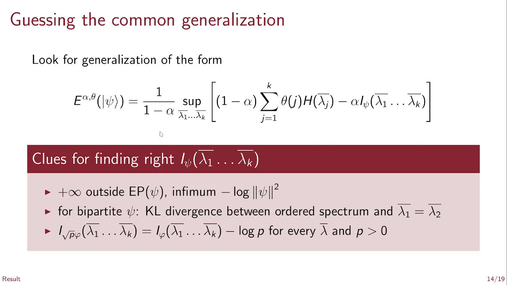If we want to get back the alpha equals 0 case, then when alpha goes to 0, the actual value of this function is not relevant anymore, but in the limit it will still remember whether this number was finite or infinite, as we saw with the Schmidt rank formula. So this should be a function that is infinite outside the entanglement polytope.